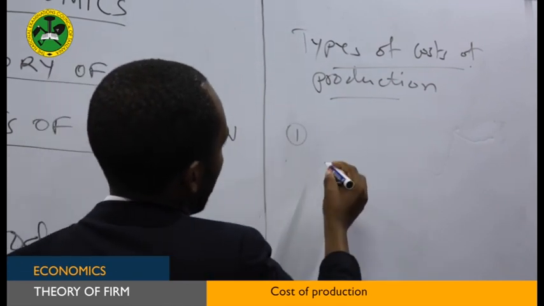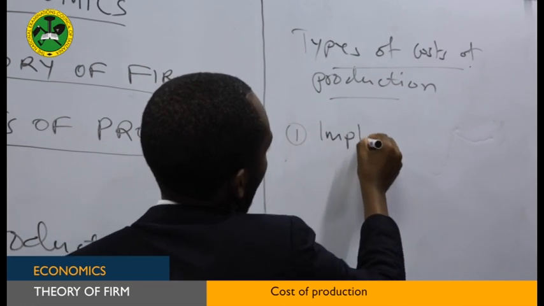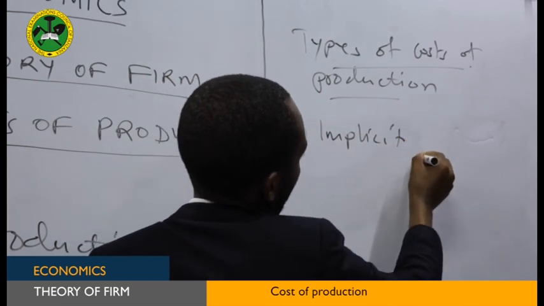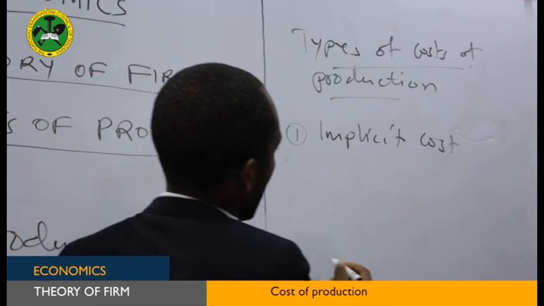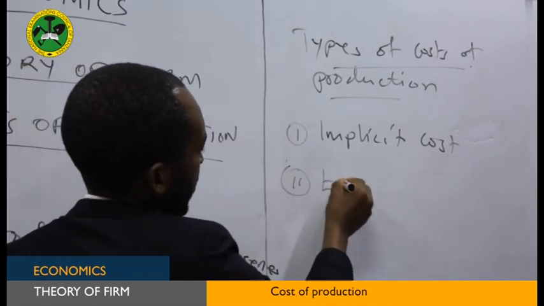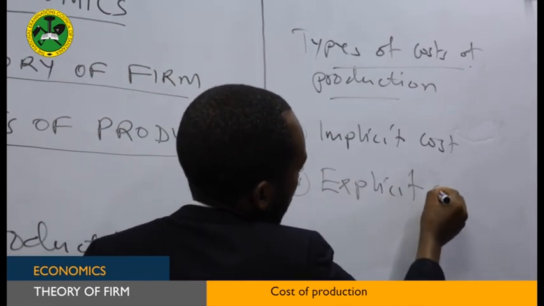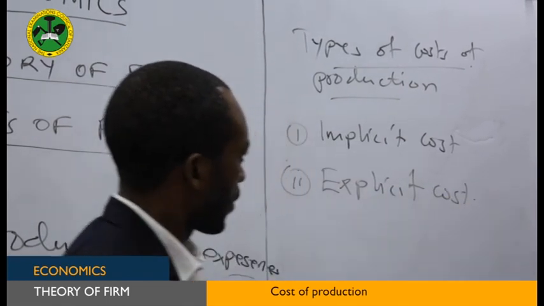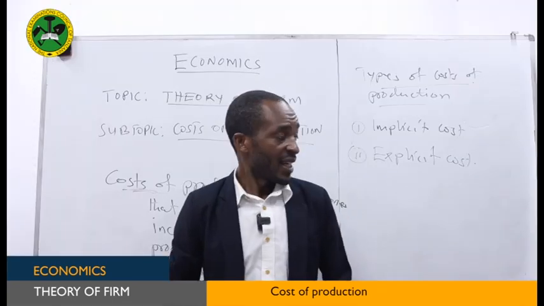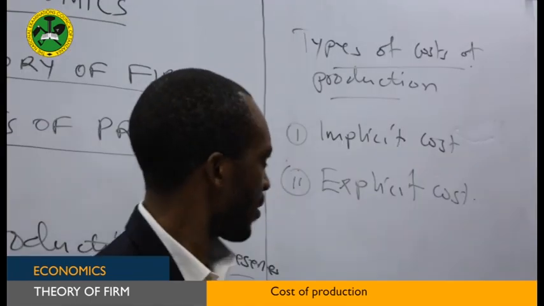One is implicit cost, and the second is explicit cost.